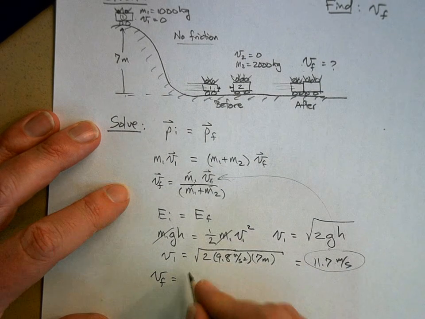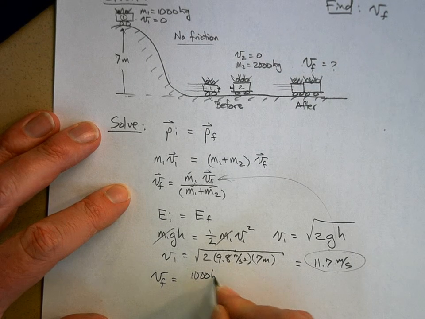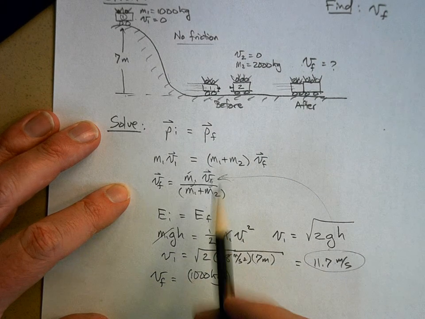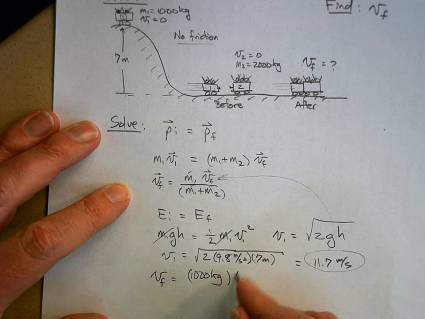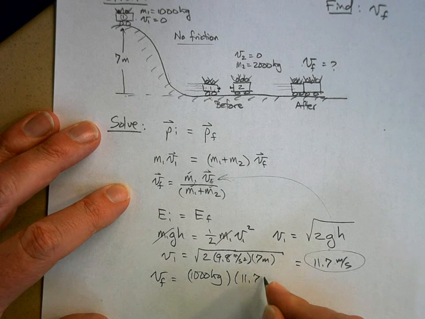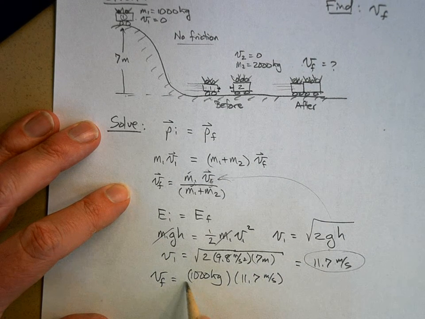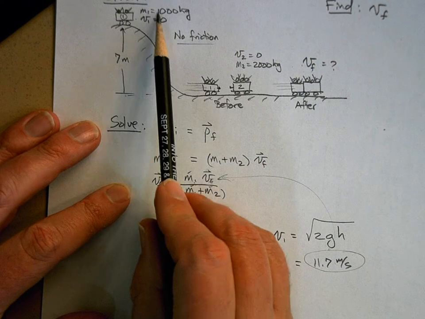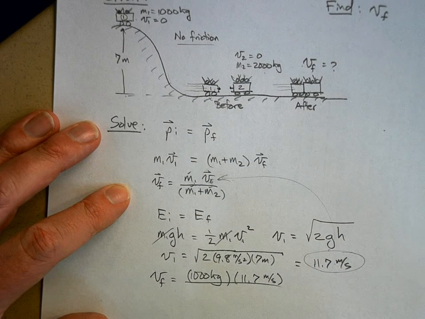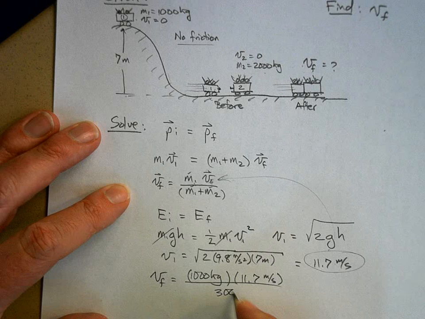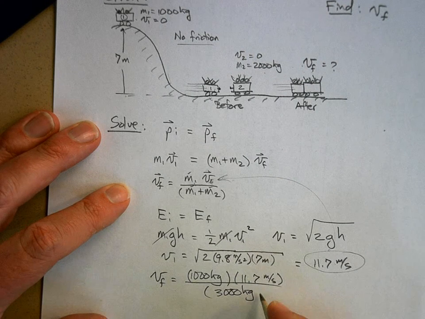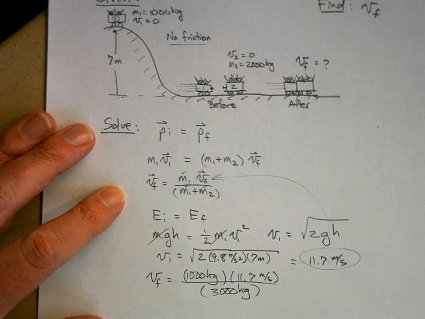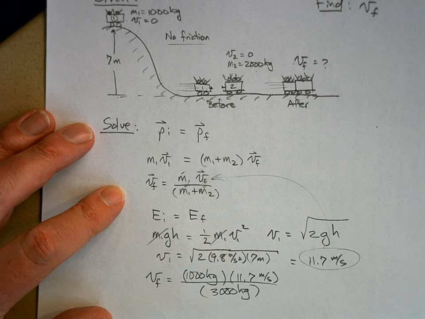equals M1, which is 1,000 kilograms, times V1, which I just got to be 11.7 meters per second. And I'm going to divide that by the combined mass, so that's 1,000 plus 2,000. I'm just going to write it as 3,000 kilograms. That's the total mass. And now I can get that.